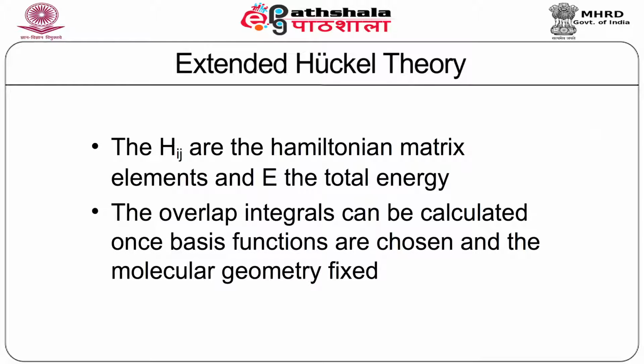The Hij elements are the Hamiltonian matrix elements and E the total energy. The overlap integrals can be calculated once basis functions are chosen and the molecular geometry fixed.